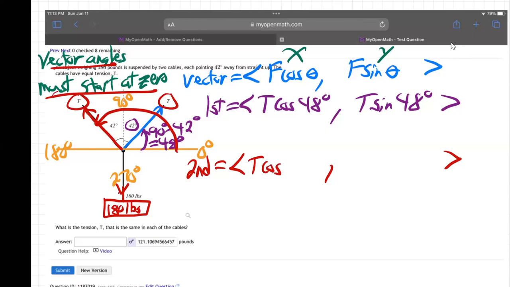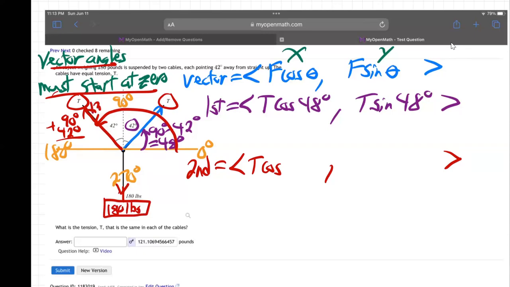Cosine. Now, what's the angle? Well, from here to here is 90, and then this is 42 more. So this is going to be 90 degrees plus 42 degrees, which equals 132 degrees.